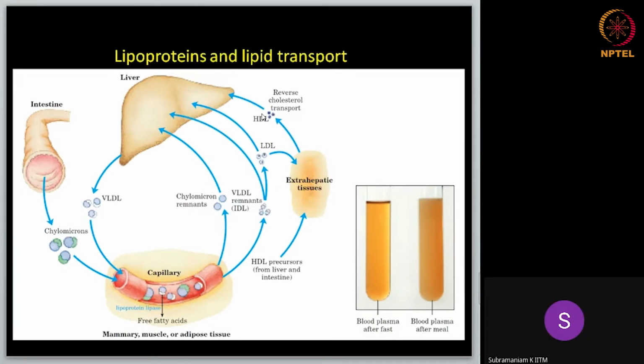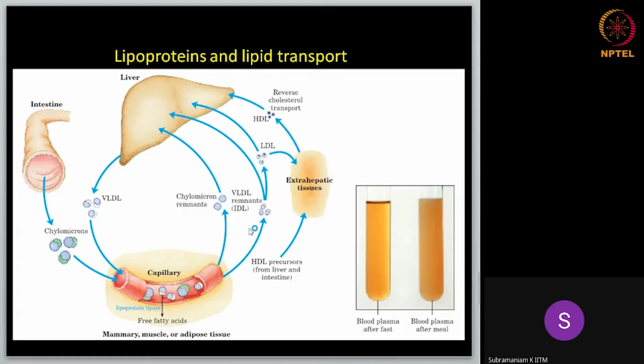So that's going to be a main discussion today. We'll have a dedicated slide for that. So it is basically the specificity and therefore their functional delegation. They have different functions to do. HDL's job is to pick up cholesterol and transport it to the liver.